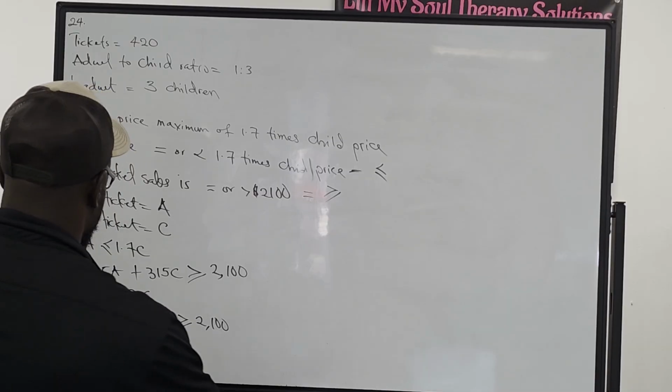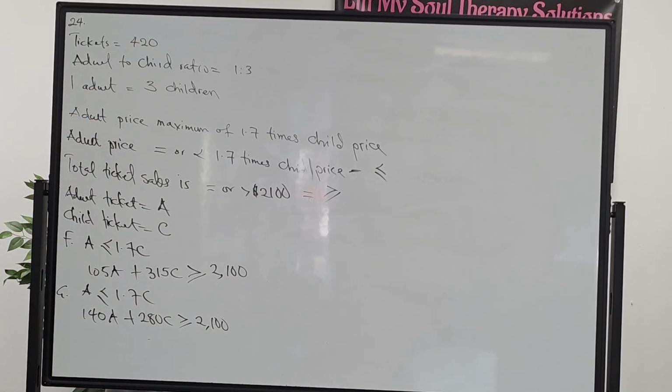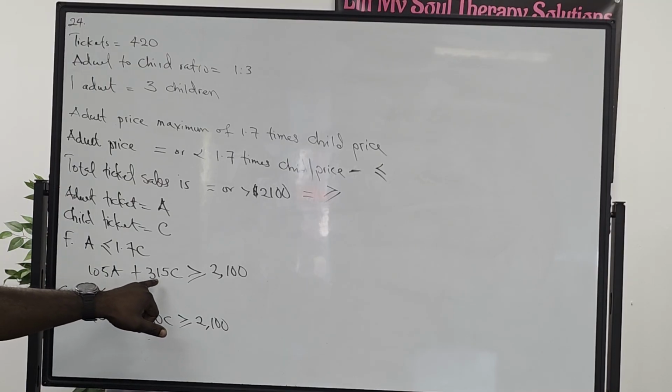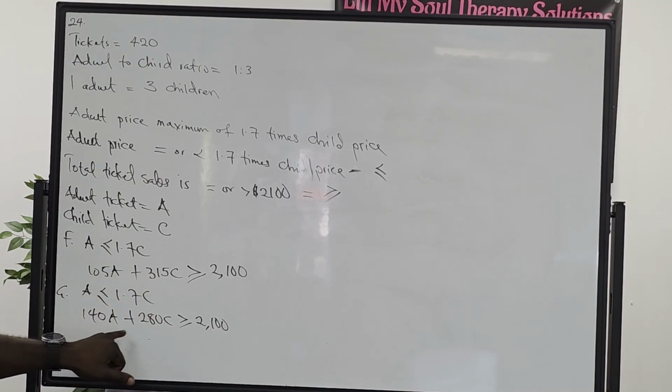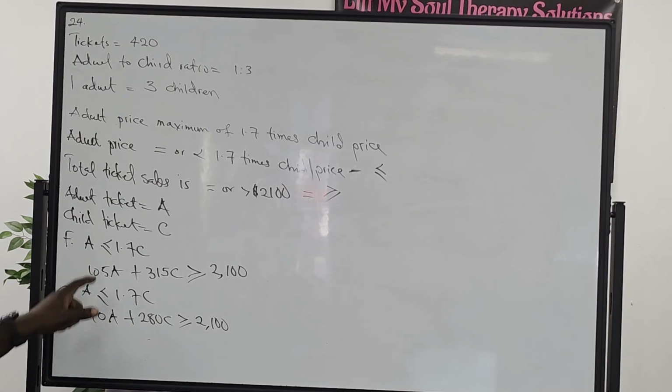All right. So now we have A less than or equal to 1.7C, 105A plus 315C, and 140A plus 280C. So now all you got to do is figure out which of these equations is correct. So let's do that. We have 420 tickets altogether.